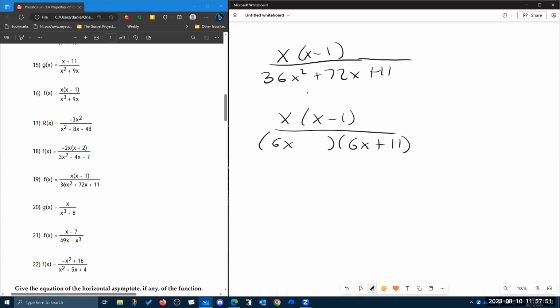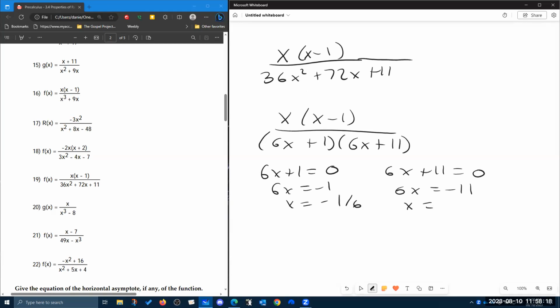And this is going to be 11 and 6. 66 plus 6 is 72. Nothing in common here. So there are my two vertical asymptotes for number 19.